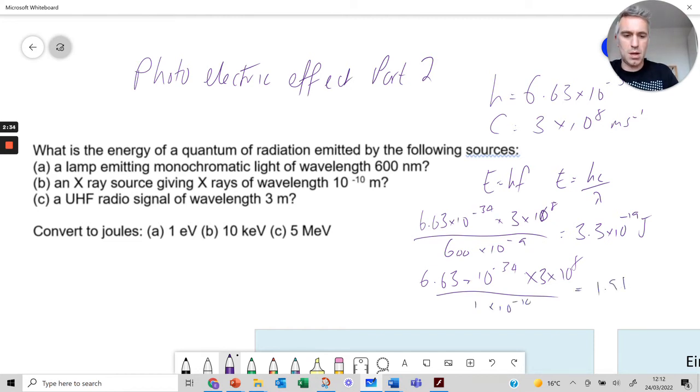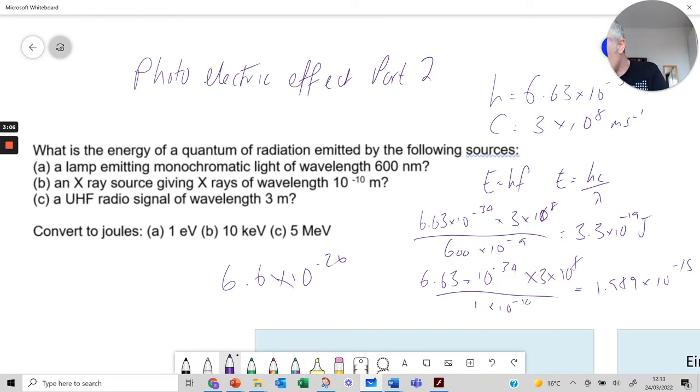That gives 1.989 times 10 to the minus 15, something small. And the last one is going to be a big one. It gives us 6.6 times 10 to the minus 26.